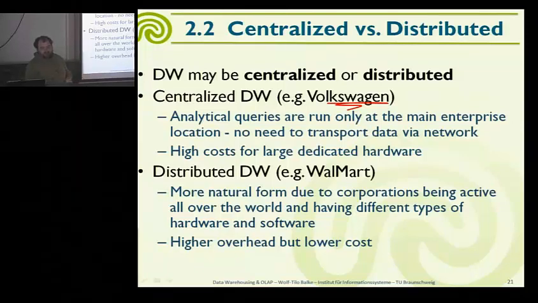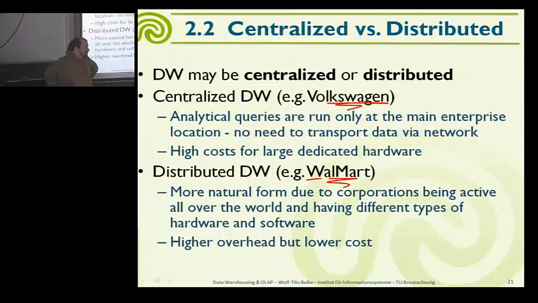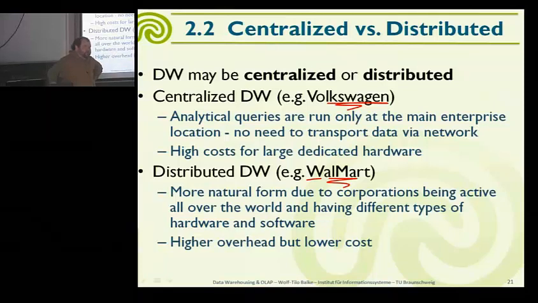For the distributed data warehouse, a typical case is Walmart. Walmart has a lot of locations and a lot of stores. These stores are kind of independently responsible for what they do, for what they keep in stock, for how well they do their selling, how they do management, and how they do a lot of the marketing promotion campaigns and stuff like that.